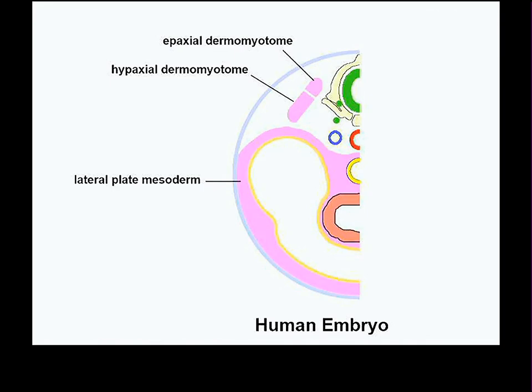She talked about an epiaxial dermamyotome, which gave rise to all of the dorsal ramus innervated musculature of the body, and a hypaxial dermamyotome that gave rise to all the ventral ramus innervated muscles of the body. She may not have mentioned this stuff here called lateral plate mesoderm, and I'm not going to try and teach you embryology today, but it's there. And this is the heart that we saw. The neural tube and the vertebrae, you should know.